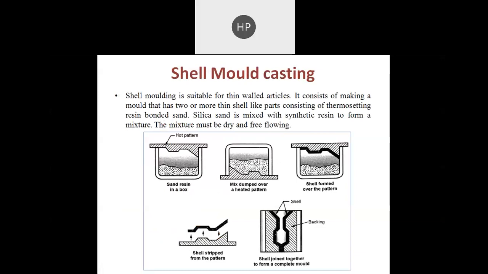Cell molding is suitable for thin walled articles. Okay, so first we will understand where and why it is applicable. It is suitable for thin wall articles, and it consists of making a mold that has 2 or more thin cells, which has 2 or more thin cell-like parts consisting of thermosetting resin bonded sand.